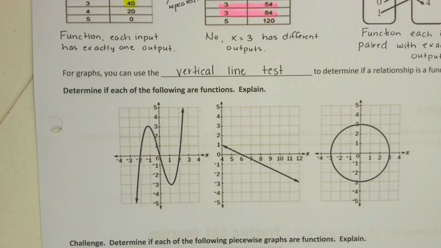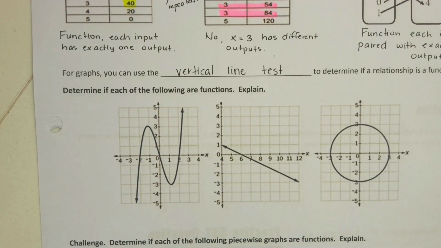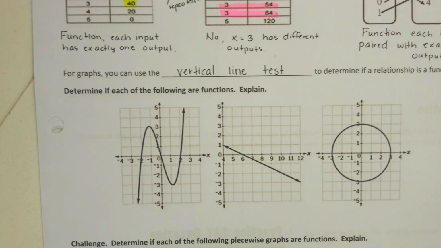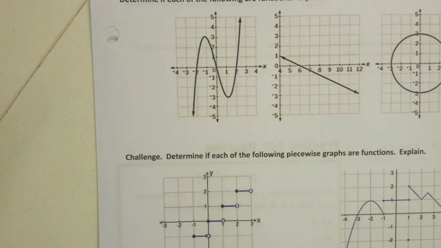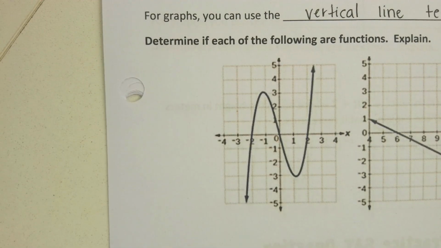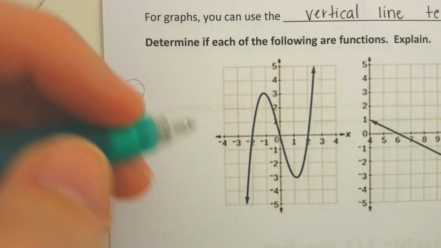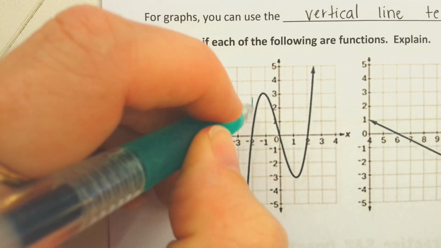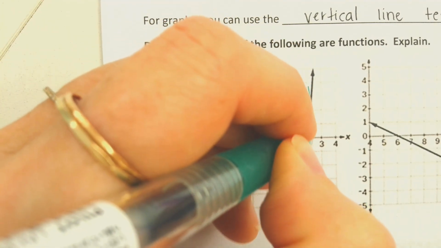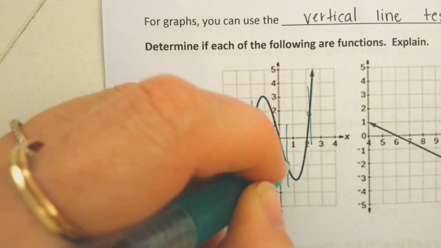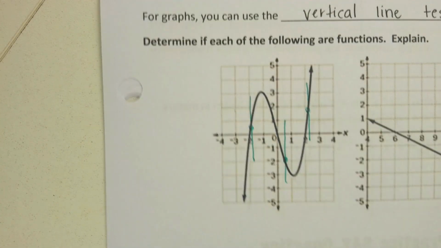Now, do we get to say passes vertical line test or fails vertical line test on the AP test? No. We have to say each input is paired with only one output. All right, looking at the first one. I'm looking all across the graph. Is there anywhere I can put a vertical line and it's going to hit two points? Looks like one here, one here, one here. All right, we're good. What do we say then?